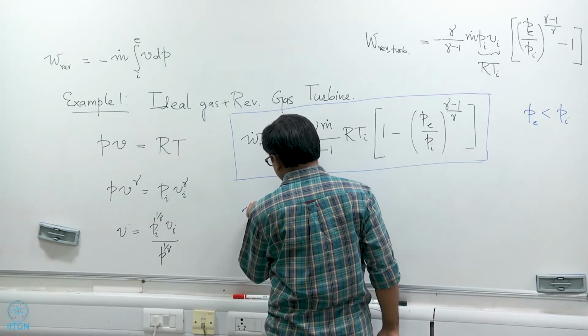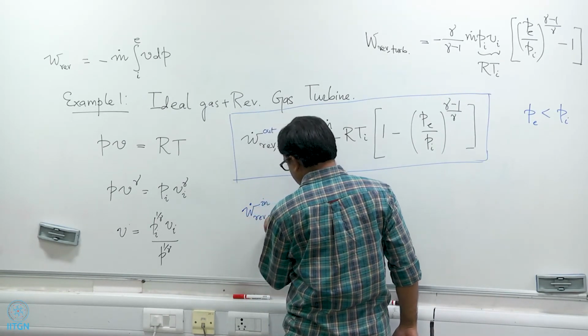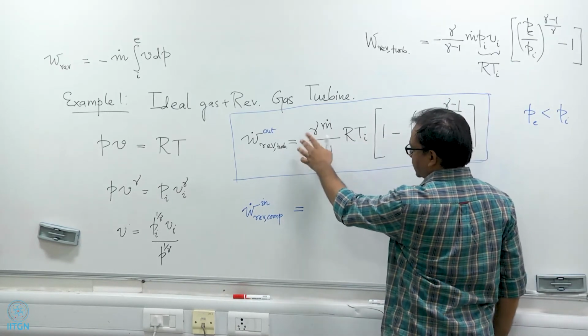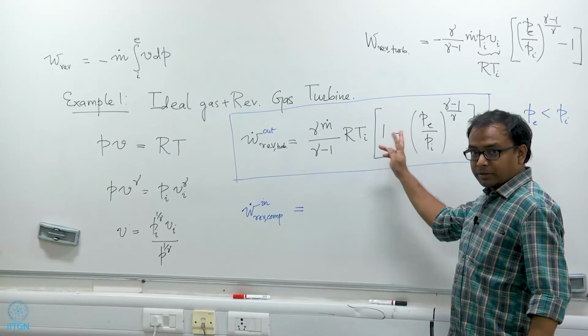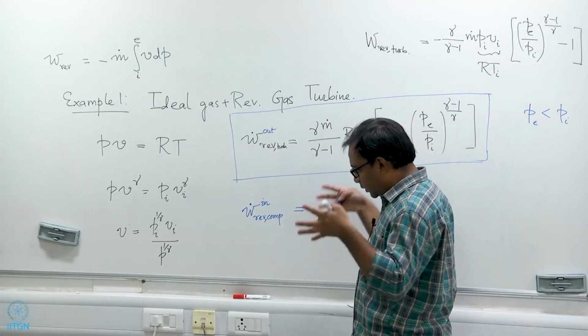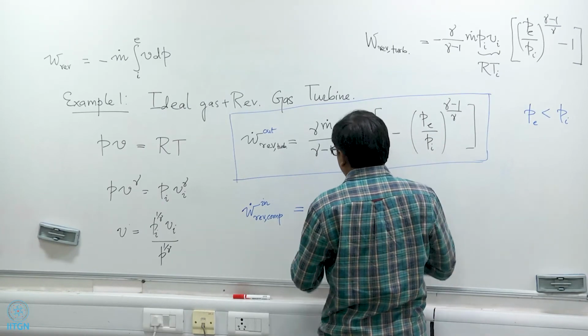W in reversible in a compressor, you just need to flip the sign, because we are talking about work input, the value of work that you need to insert into the compressor.